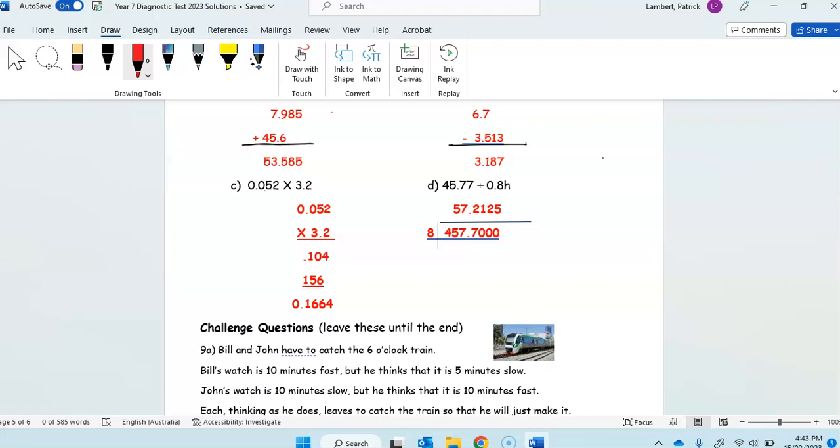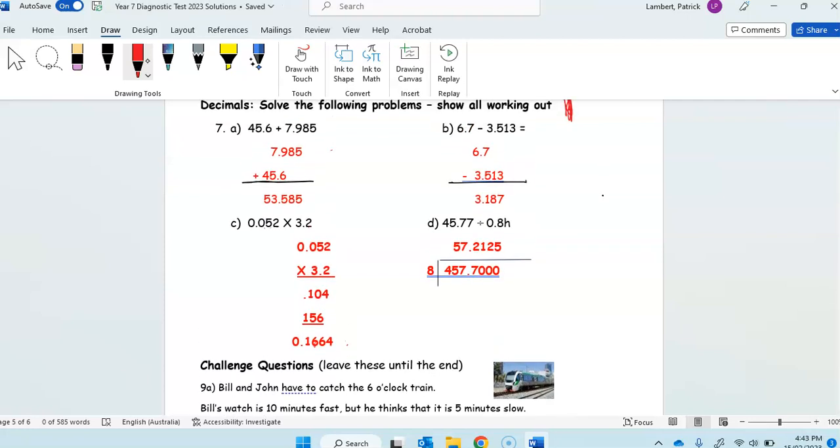And they're in the right number column. So we add them up and we've got 1664. And then you add them up and you count 1, 2, 3, 4 decimal places. So the answer is 0.1664.